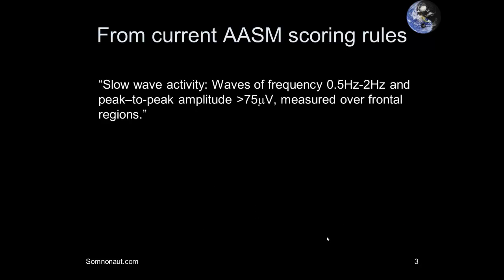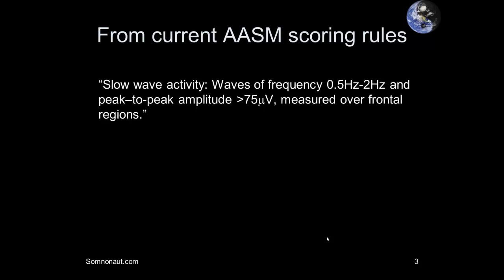From the current Academy scoring rules, we see that now slow wave activity are waves with a frequency of 0.5 to 2 Hertz, so they include some of the delta range, and they're called SWA, slow wave activity, with a peak-to-peak amplitude of greater than 75 microvolts, measured over the frontal regions.